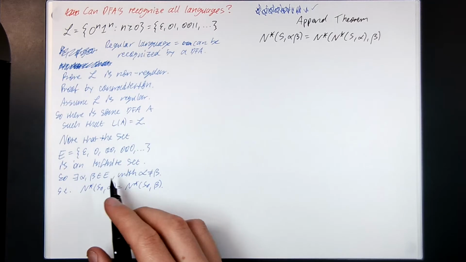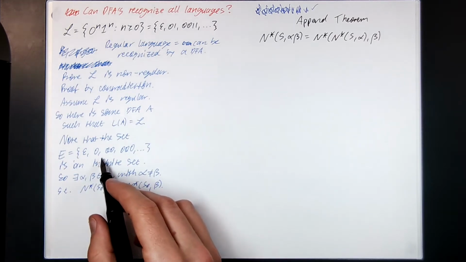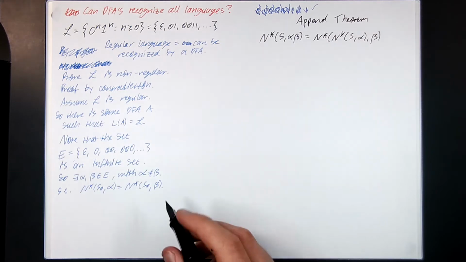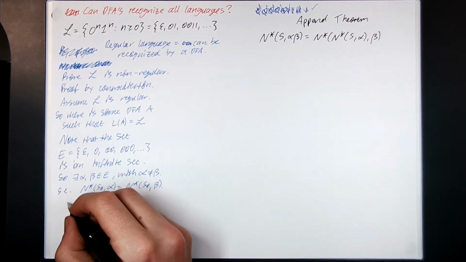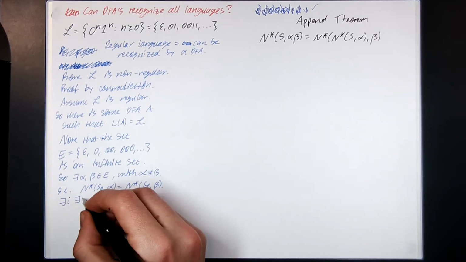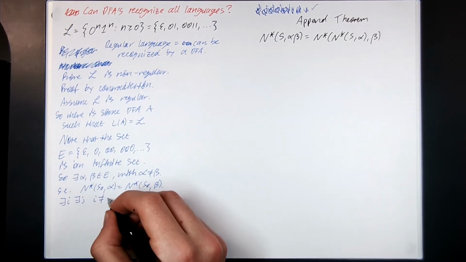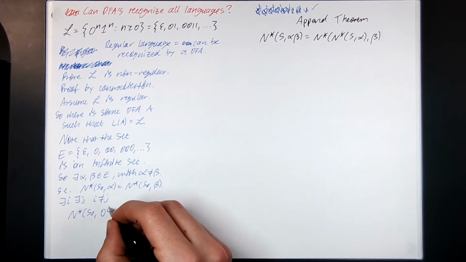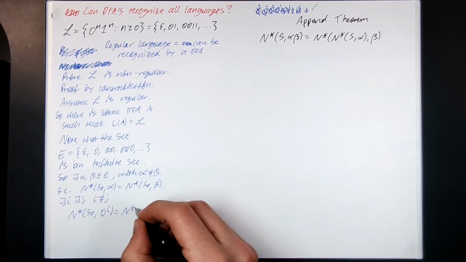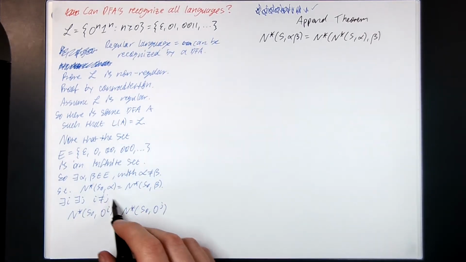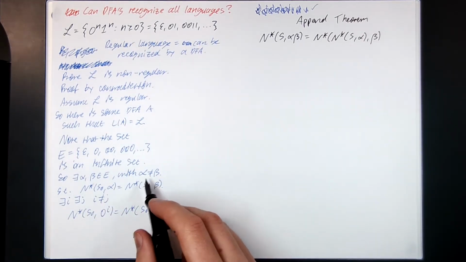Now, since alpha and beta are in this set, they are strings of zeros, but not the same strings of zeros. So that basically means there exists some index i, some index j, with i not equal to j, such that if I read i many zeros, that gets me to the same state as reading j many zeros. This here is just an equivalent statement to the above.